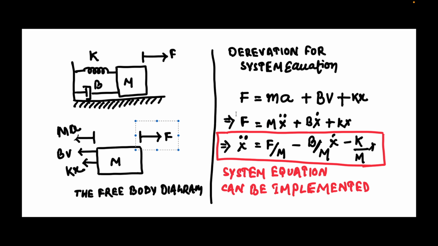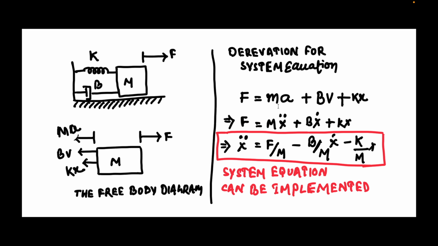Now, a can be represented as a double derivative of displacement. For individual derivatives we use dots: one dot means one derivative, two dots mean two derivatives.